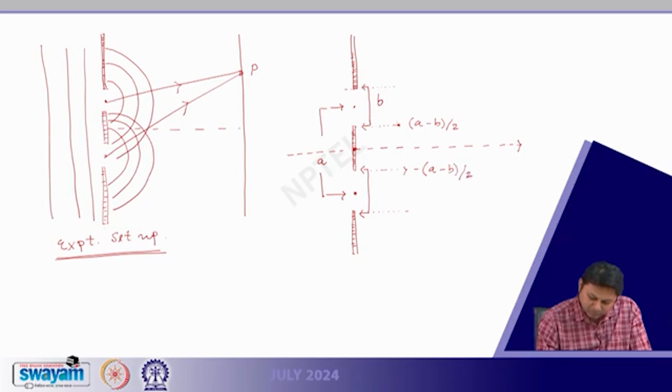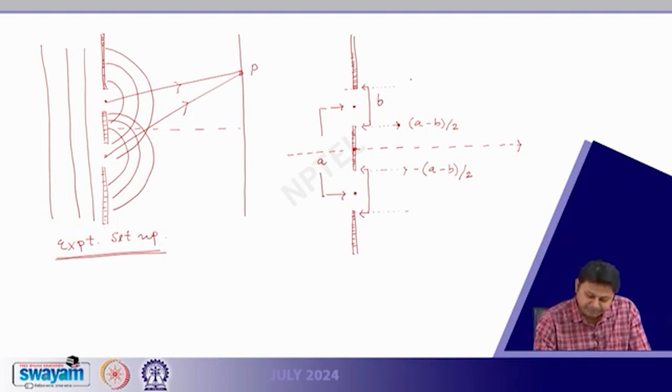This is important: once we fix the coordinates, then I can integrate over them and find out what the intensity is at some point. But before that, we need to understand the geometry, how these coordinates are based on the definitions of A and B. From here to this point is A by 2, and I add this, which is B by 2.